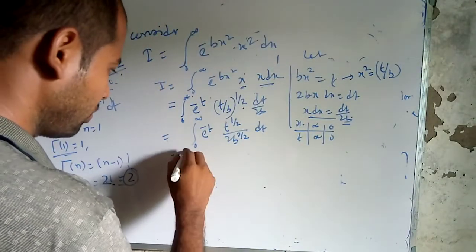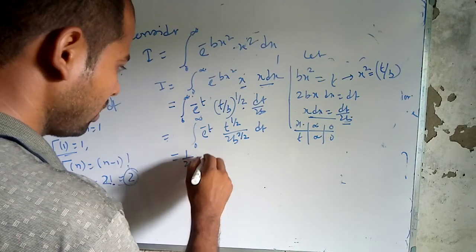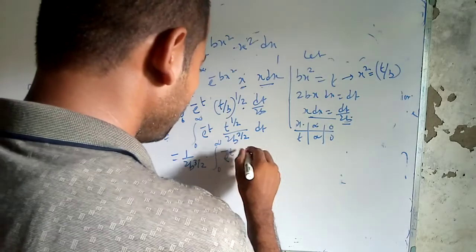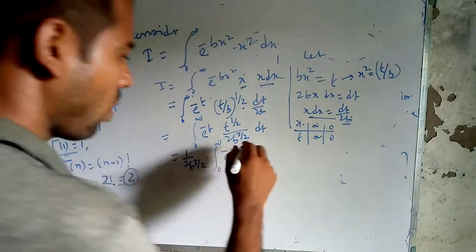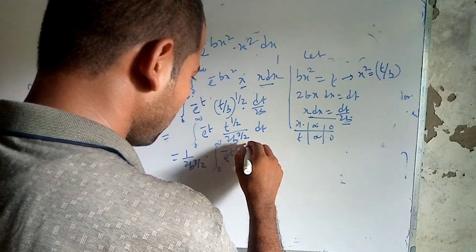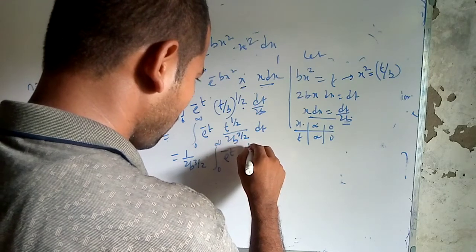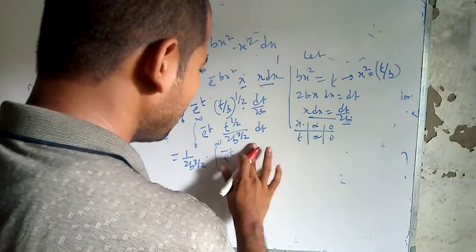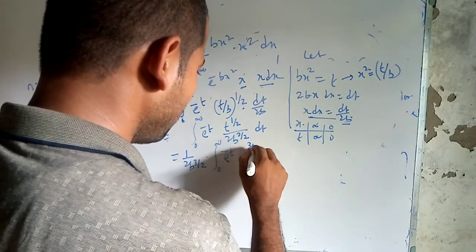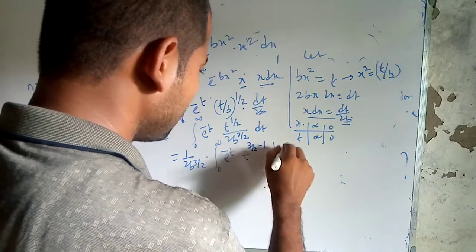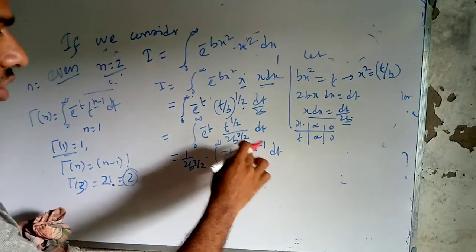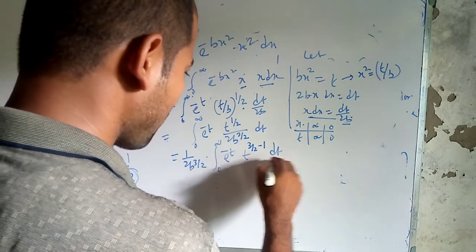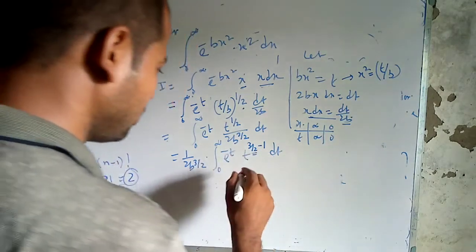This is 1 by 2b^(3/2) into the integral from 0 to infinity of e to the minus t, t to the half, which can be written as t to the power 3 by 2 minus 1, and this is the gamma function of 3 by 2.